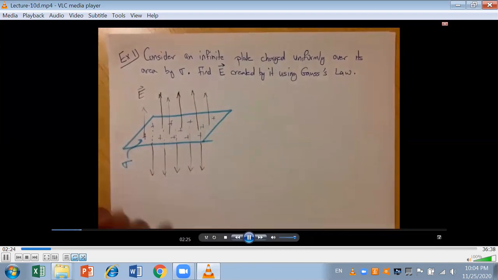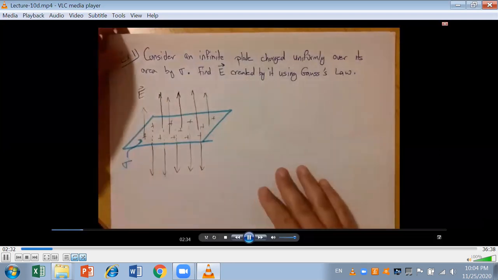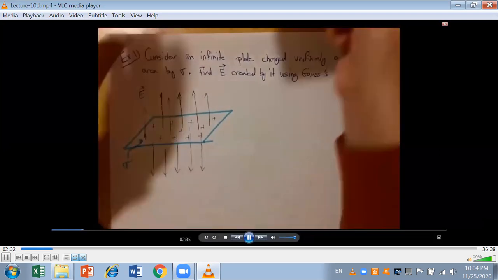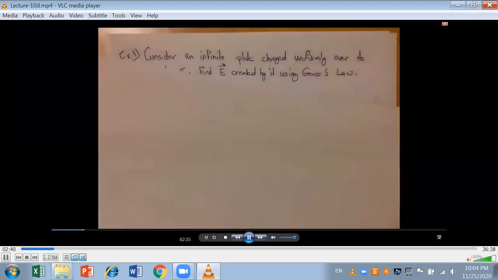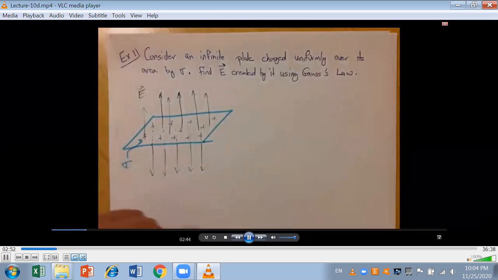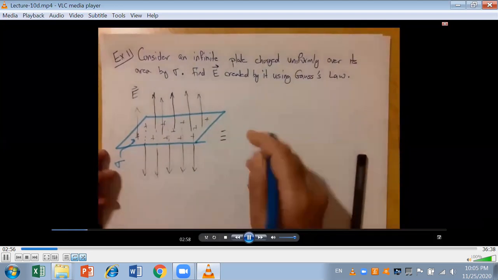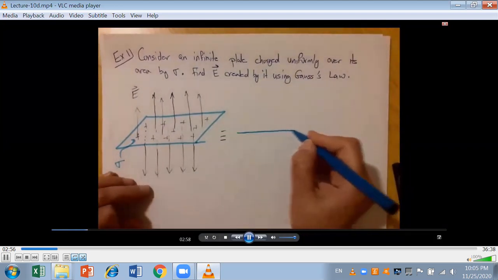Now, an infinite plate, either we draw it this way or we look at it from this side. If I have this plate, I can draw it like this, or if you look at it from the side, it looks like a line. So I can describe the infinite plate either this way or equivalently by just a line.